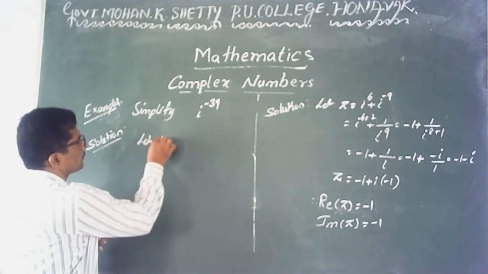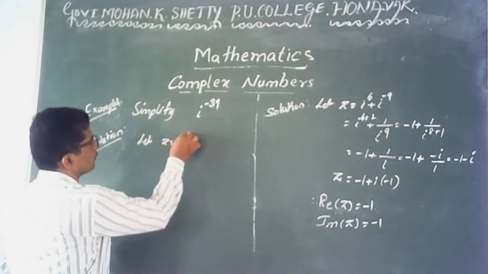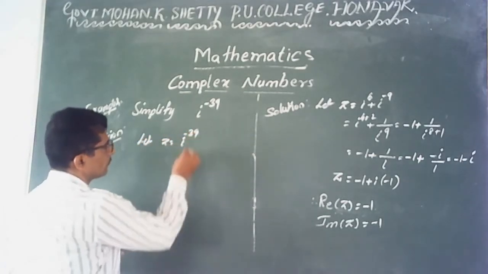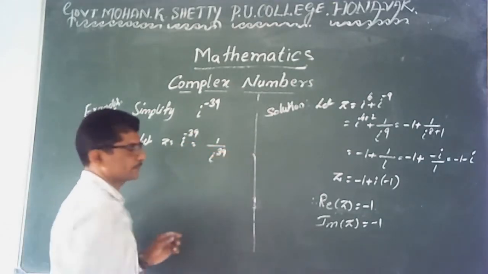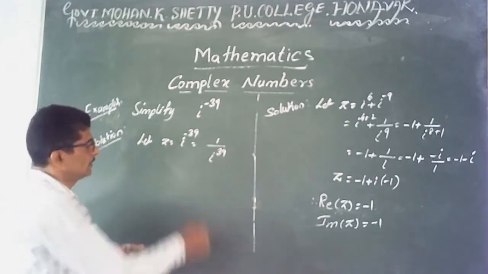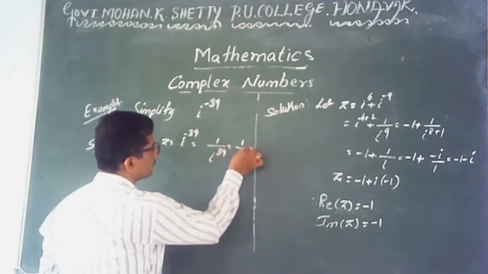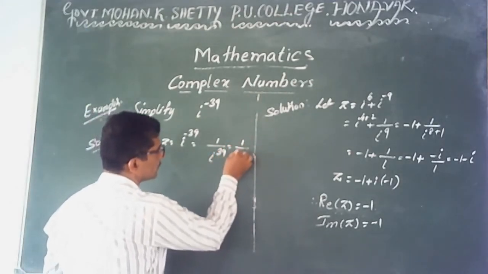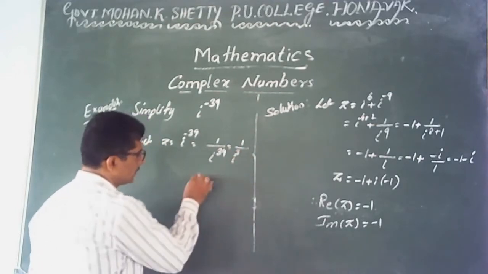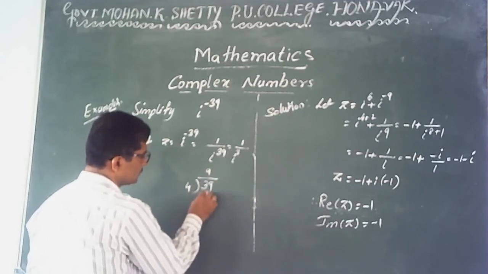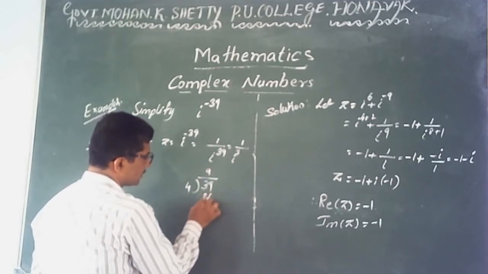The given complex number is i to the power minus 39. In the same form, you write 1 divided by i to the power 39. Is that clear? i to the power 39 can be written by dividing 39 by 4: 4 nines are 36, remainder is 3.